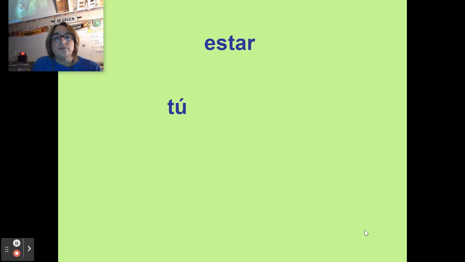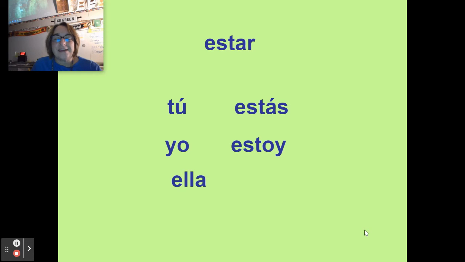Estar, tú. Tú estás, that accent's very important. On quizzes, when you take your test, if you know how to do the code to do the accent, great. If you don't, then type the A, then the accent after the vowel where it belongs, and then the S. Yo estoy. Ella está.